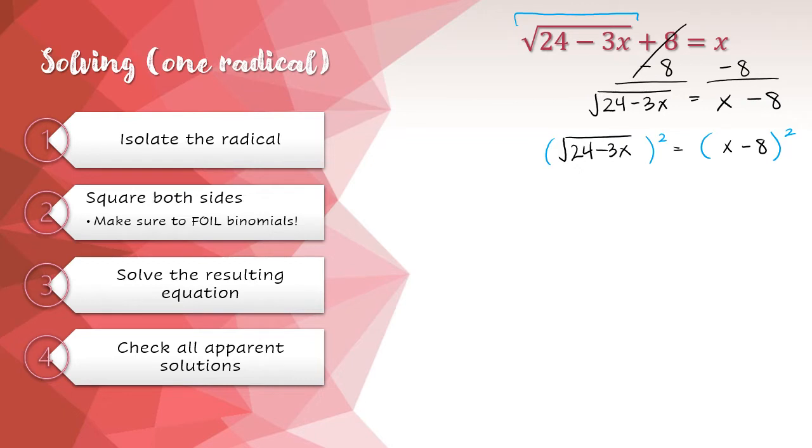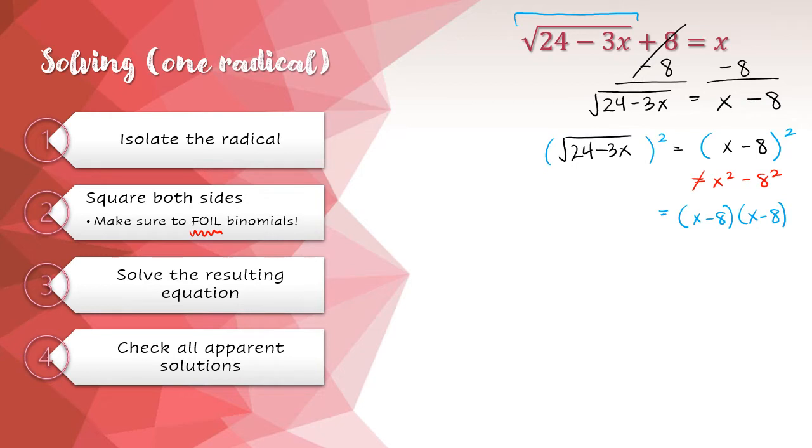Okay. So there's an important note here to FOIL binomials. So I'm just going to write a little reminder to ourselves here that squaring x minus 8 on the right-hand side here, that is not the same thing as x squared minus 8 squared. It is not. What we have to do instead is remember that we have this binomial times itself when we're squaring the binomial.